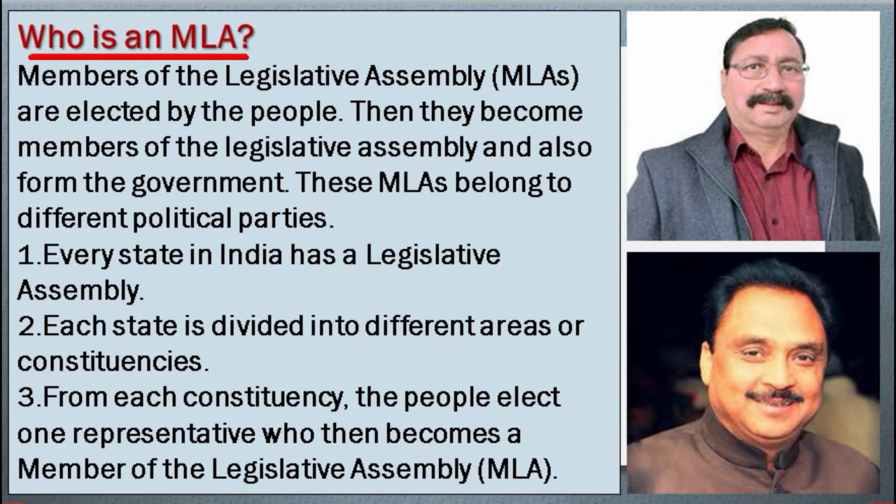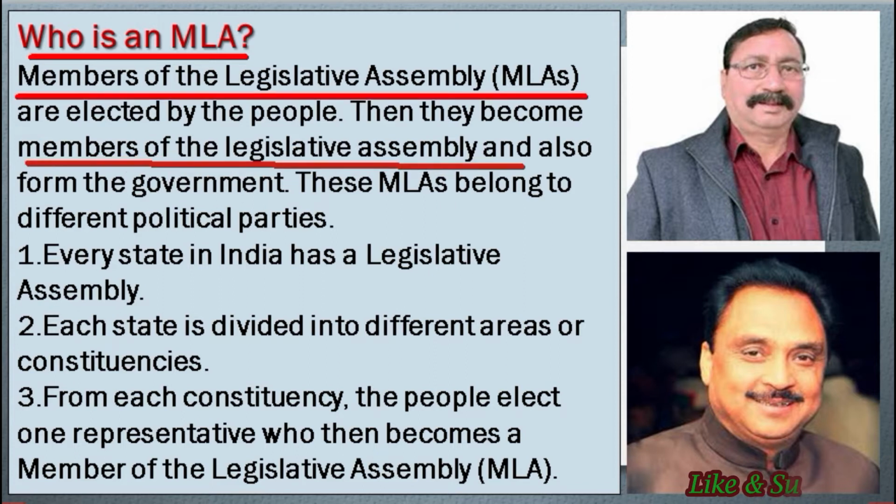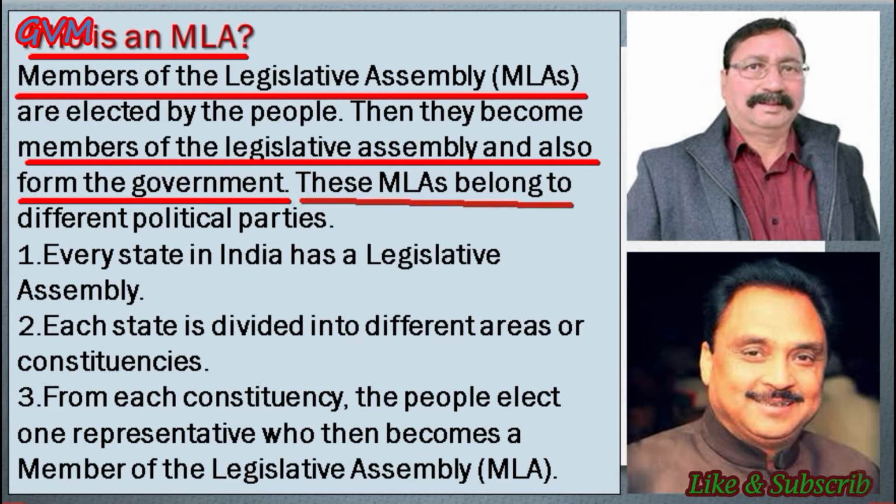Now students, people from each constituency elect their representative through voting, and those elected representatives are called Members of Legislative Assembly or MLA. Then students, the elected MLAs form their government in the state. And students, these MLAs may belong to different political parties.